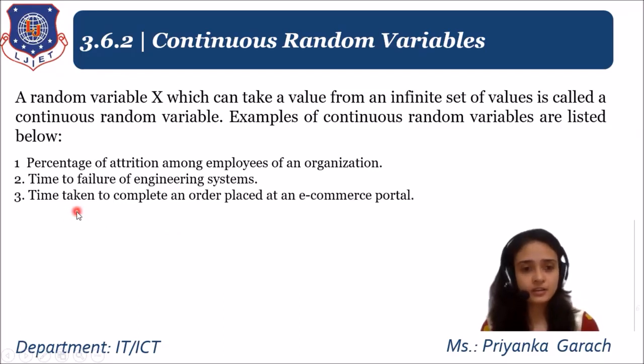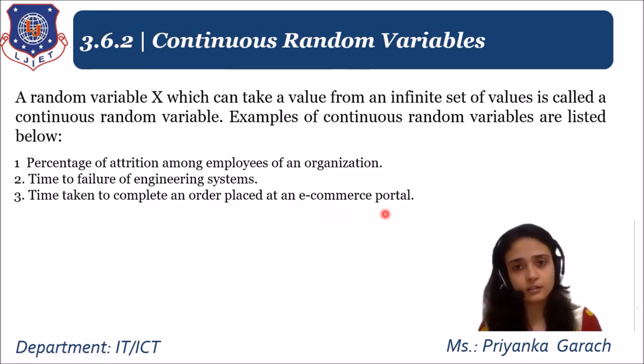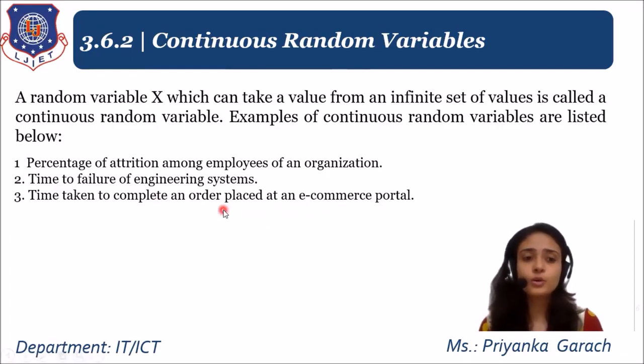Also, the time taken to complete an order placed at an e-commerce portal is an example of a continuous random variable. Just for an example, an order has been placed at an e-commerce portal, but due to some technical issues or some conditions of the retailer or the seller, the seller is unable to ship the product to the customer.